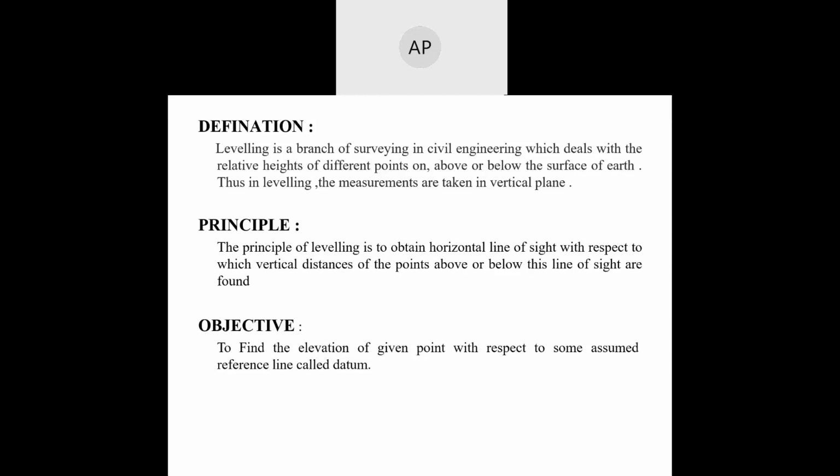Objective: it is done to find out the elevation of a given point with respect to some assumed reference called datum.